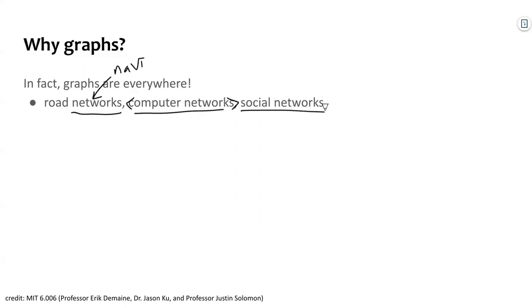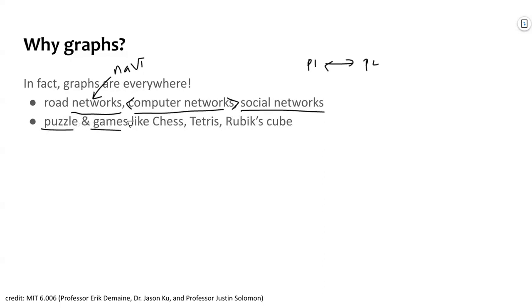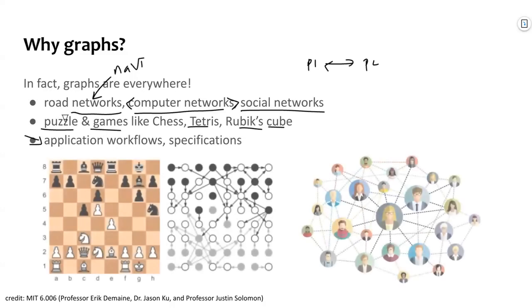And when it comes to social networks, when we represent the relations between people, like P1, P2, we represent these relations as graphs. And when we do puzzle games like chess or Tetris, Rubik's Cube, we use graphs to solve these types of problems. And there is a huge variety of applications that use graphs. So these are some examples.